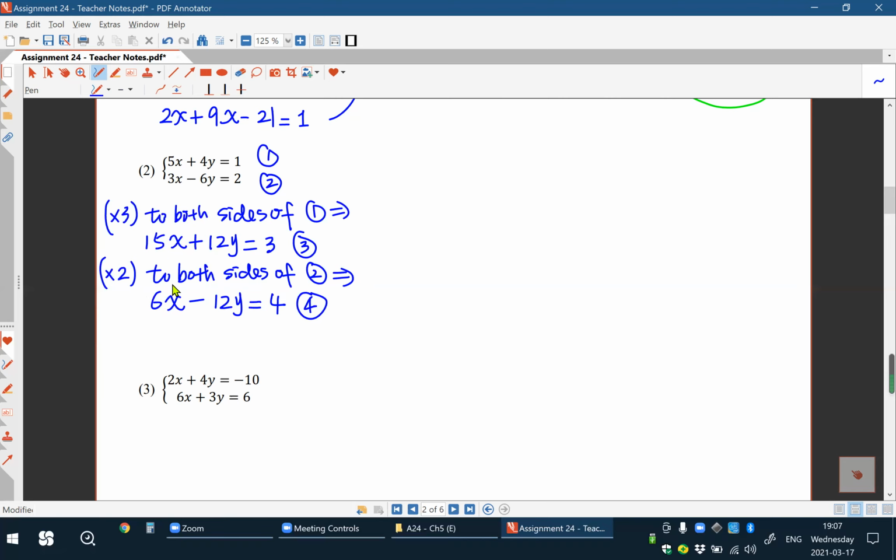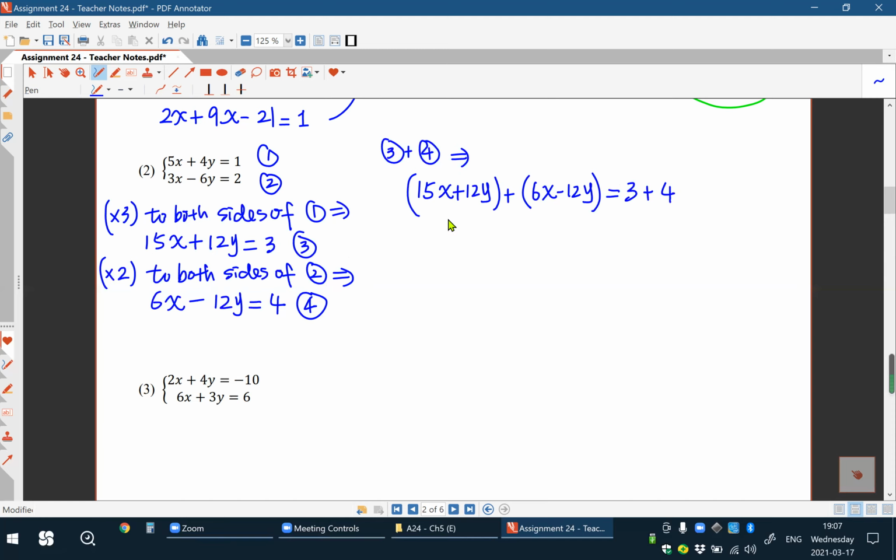So how do we eliminate y? We can simply use 3 plus 4, right? Equation 3 plus equation 4, you will get 15x plus 12y, the left-hand side of the first equation, plus 6x minus 12y, the left-hand side of the second equation, equals 3 plus 4.